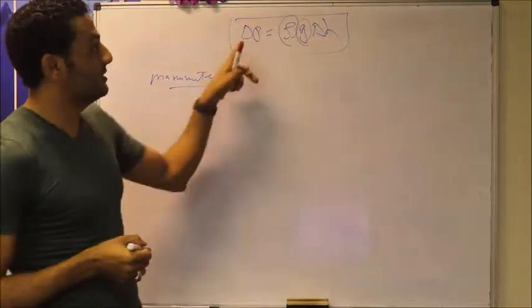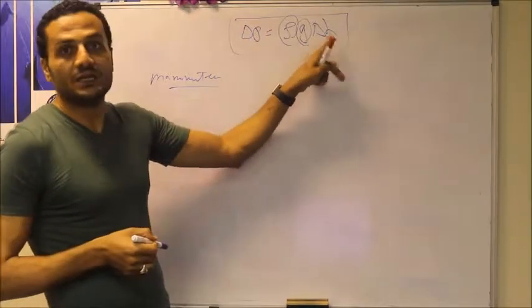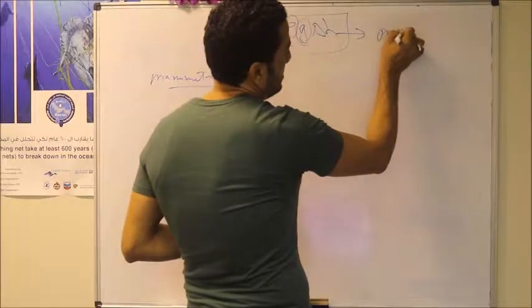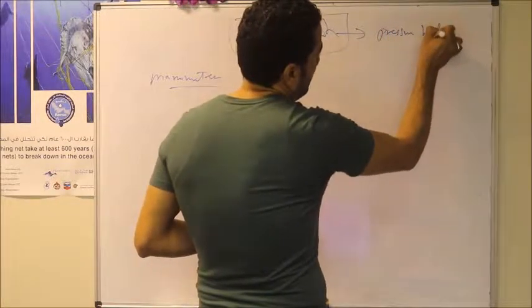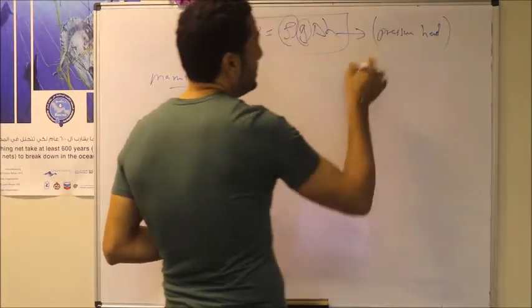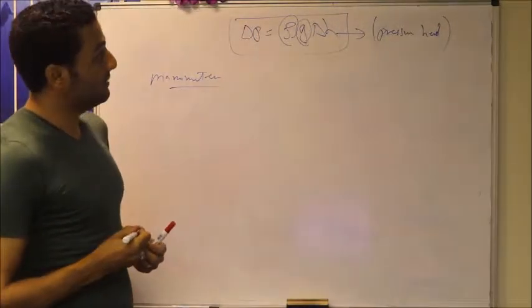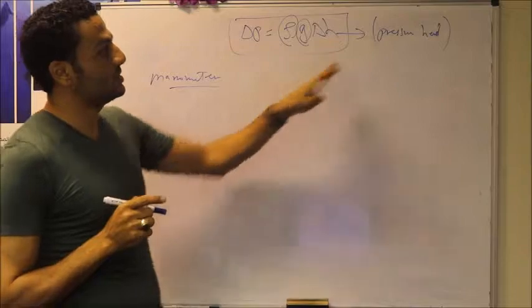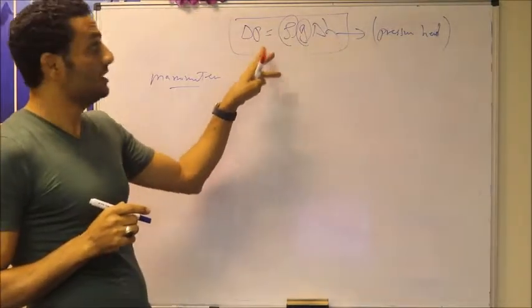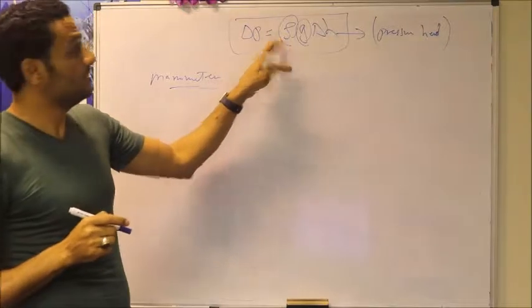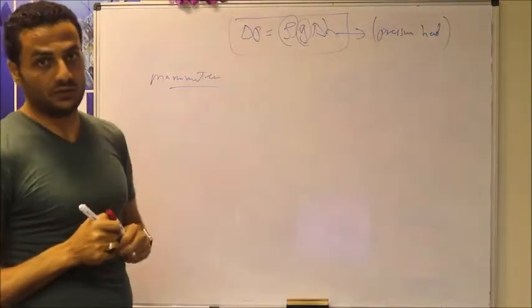This means we have a linear relation between delta P and the pressure head, which is called delta h. Delta h is called the pressure head difference, or the height difference between those 2 points. So if in some way we can measure the pressure head difference between the 2 points, we can multiply by g and by the density, and then calculate the pressure difference.